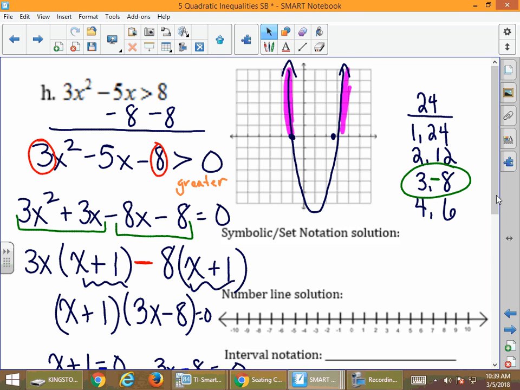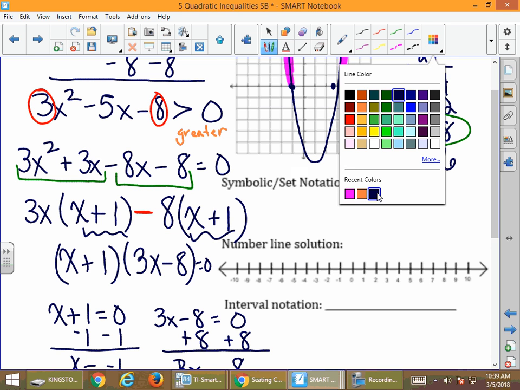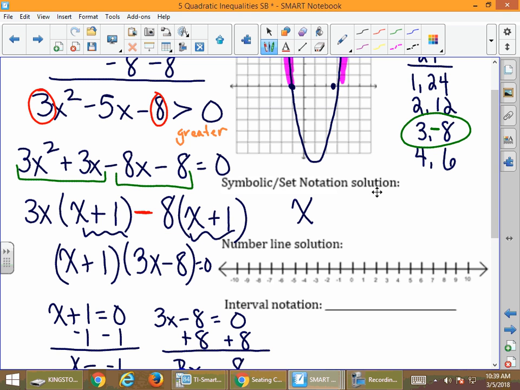So when we fill in our symbolic notation, therefore, we're going to have x is less than negative 1, or x is greater than 8/3. The values that we found when we factored.